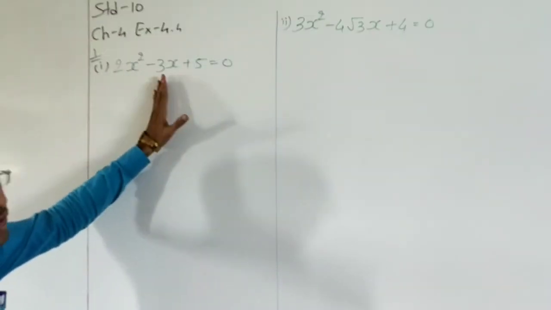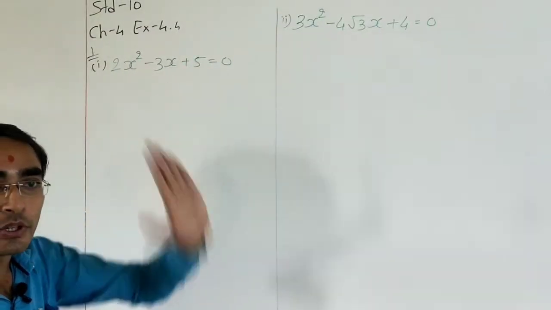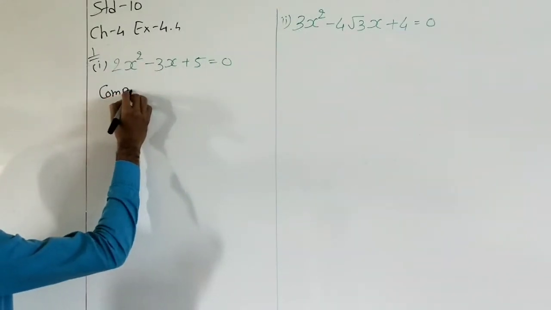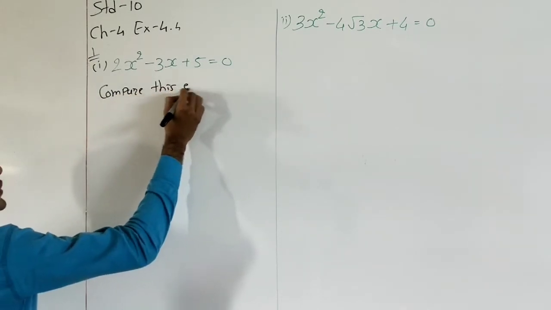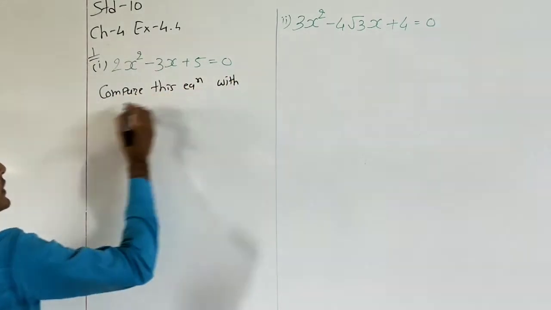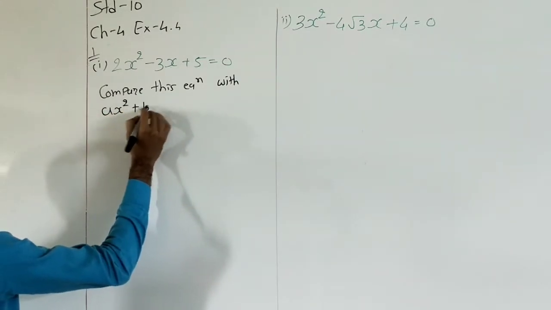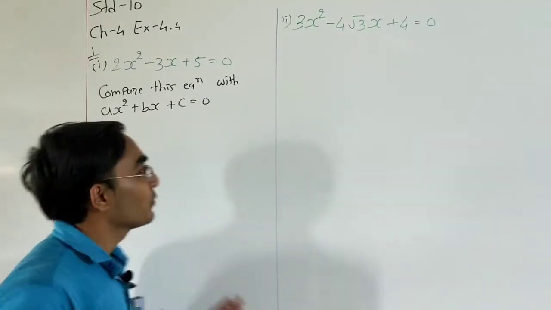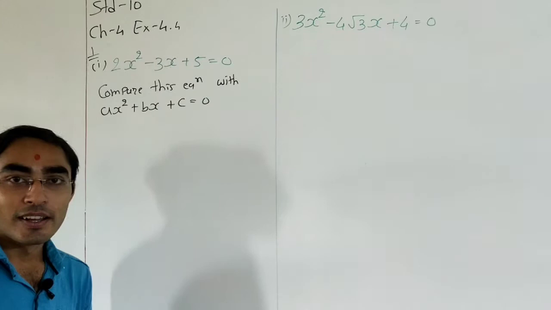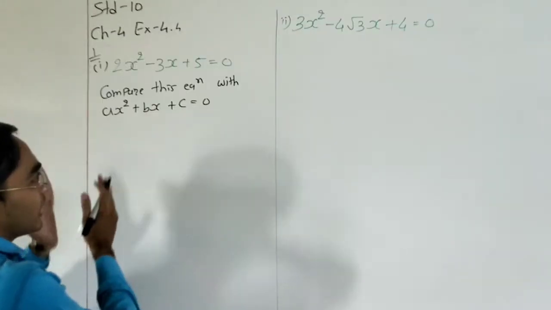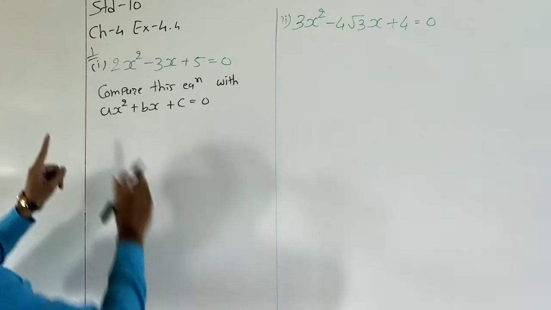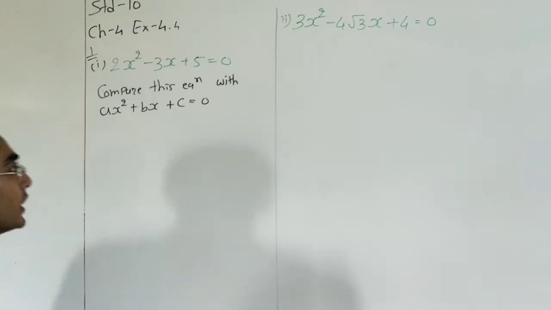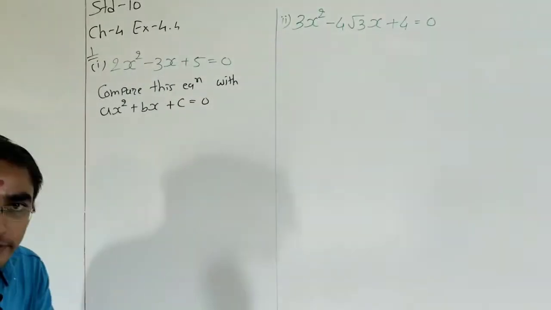Now write down here, compare this equation with ax square plus bx plus c is equal to 0, because we want to find the value of D. For that, we want the values of a, b and c. Now find the values of a, b and c.